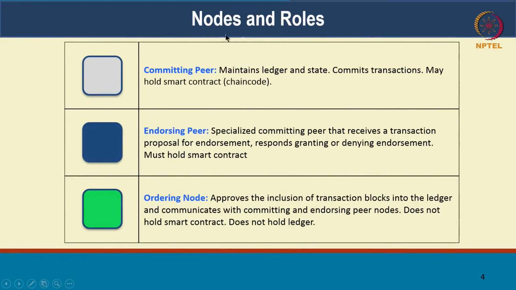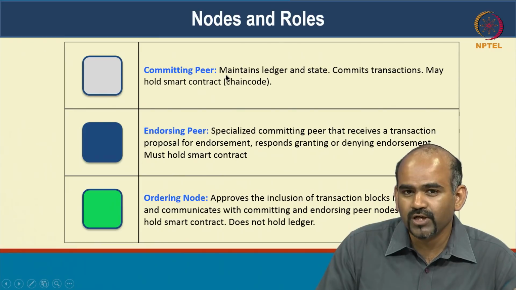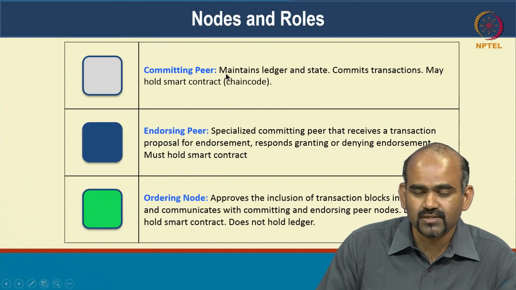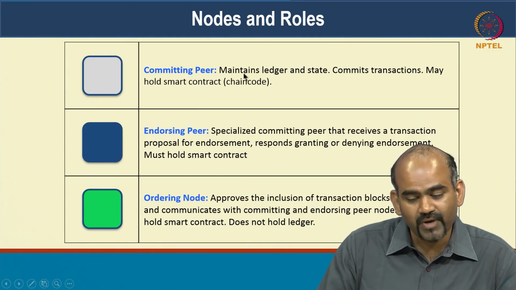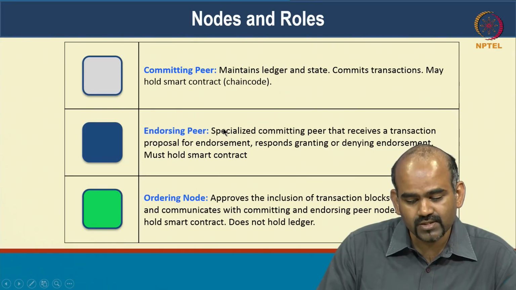Like I mentioned, some of the roles that organizations can take on is, all you can be doing is just committing all the transactions that others are performing. So that's a committing peer. It maintains the ledger and the state, but it does not execute any transactions and it does not hold the smart contracts themselves. The next notion is the endorsing peer.